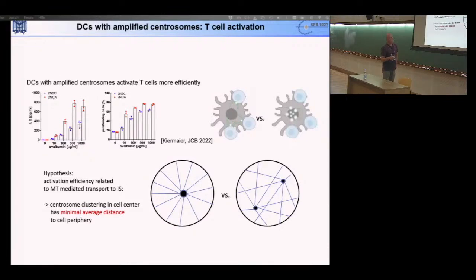Then it's a question whether you reach these points from a centrosome faster when centrosomes are distributed or combined, clustered in the center. It's an easy computation to show that this is better than that, simply because the mean distance to potential targets on the periphery is smaller. So it makes sense that they cluster.